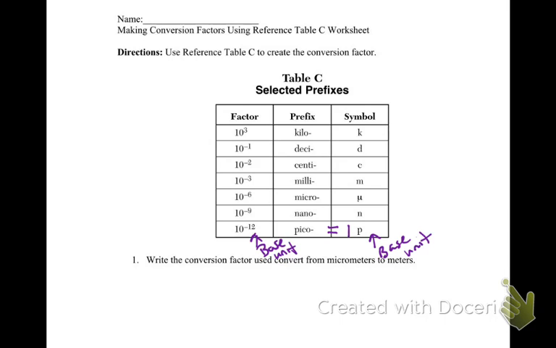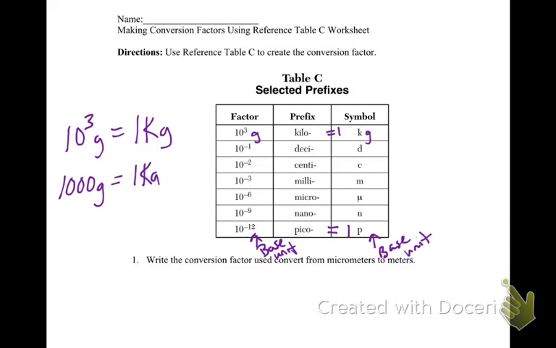They're always going to be equal to one another. So again, the example for grams to kilograms, if we rewrite this, is 10 to the third grams equals 1 kilogram, which is 1,000 grams equal to 1 kilogram. Okay, so go ahead and try this worksheet, and I will see you at our next video.